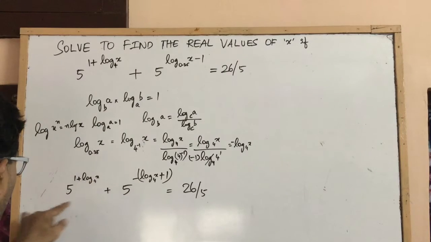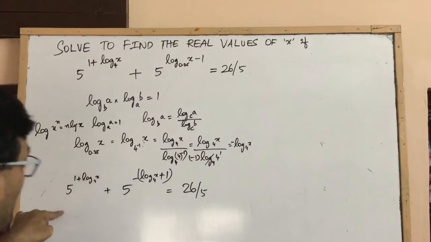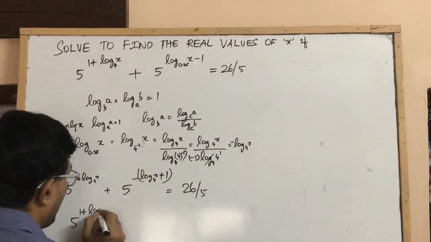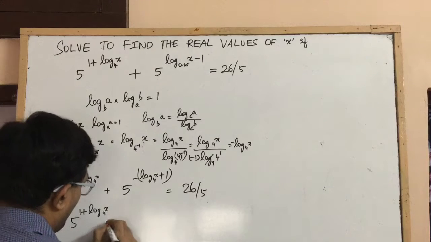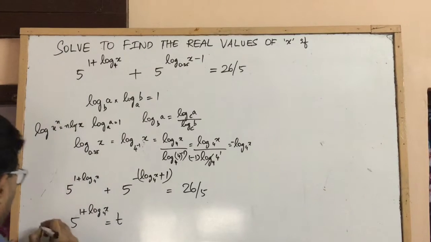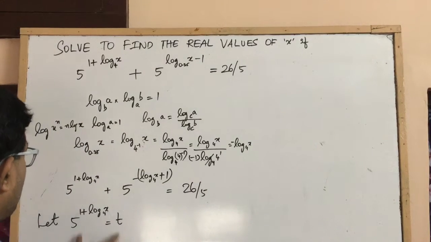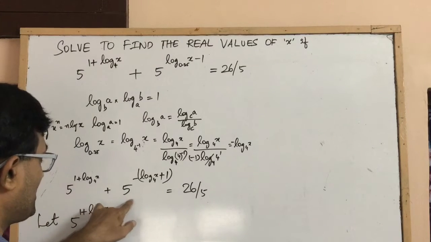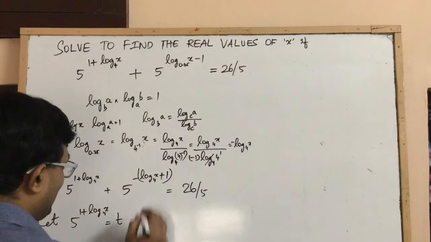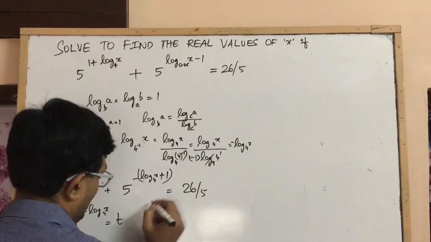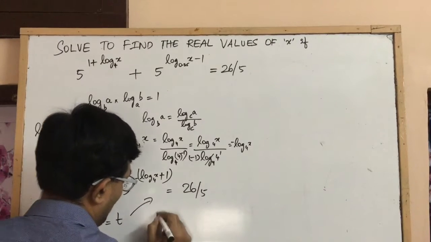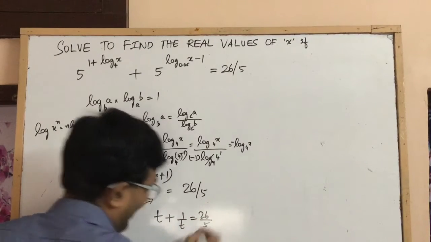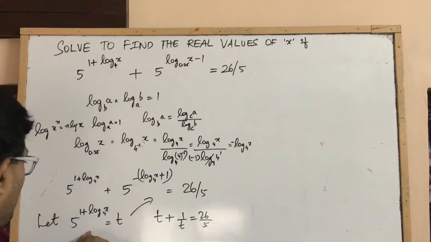So if we take 5 power 1 plus log x to the base 4 as t, let's do the substitution. Then what happens is, this is t plus this is 1 by t, right? So we can rewrite this equation as t plus 1 by t is equal to 26 by 5. Just through this nice substitution.